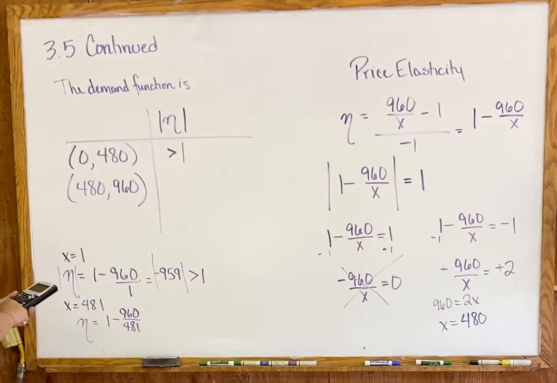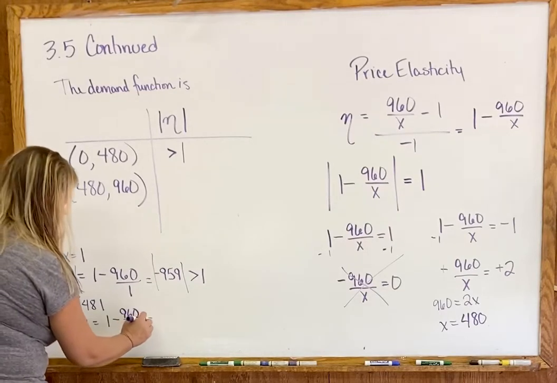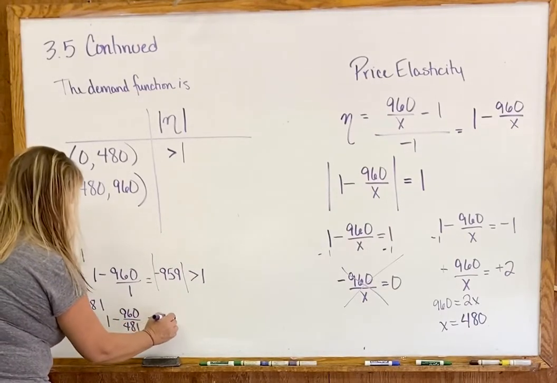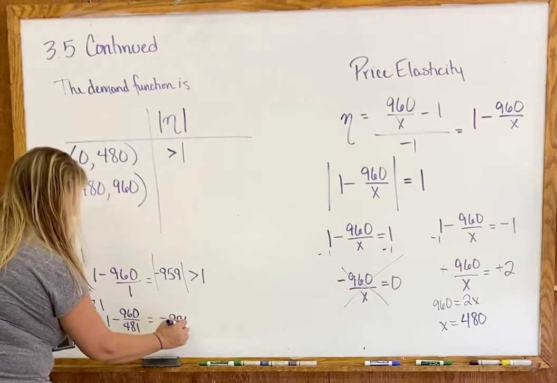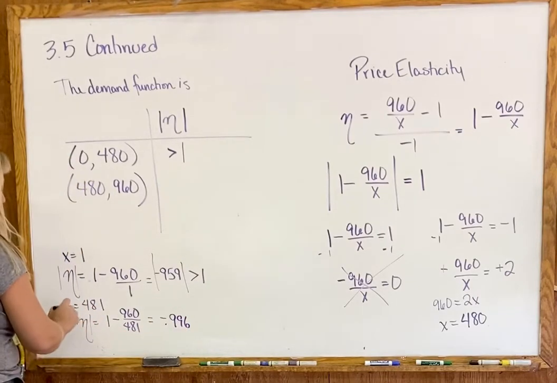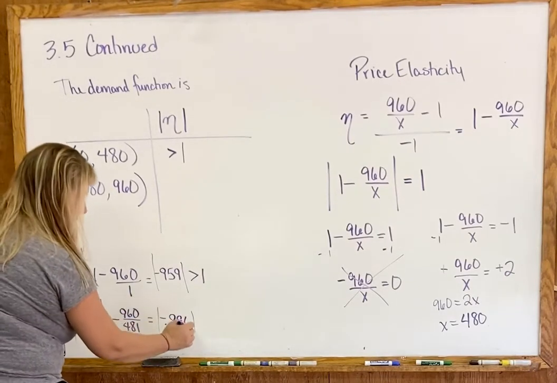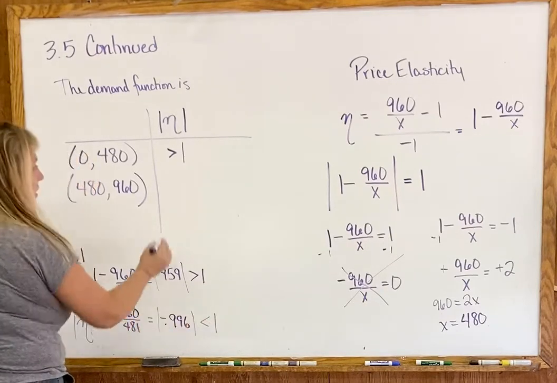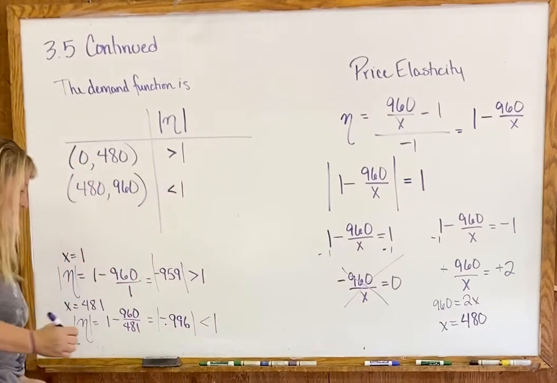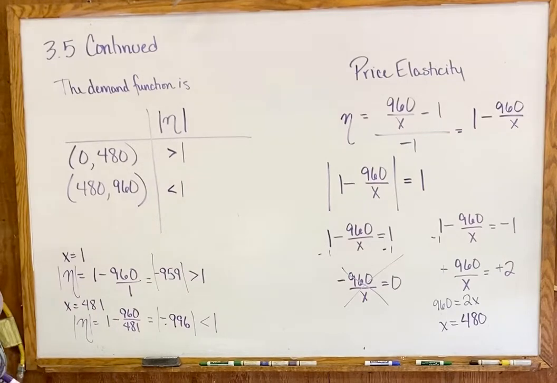One minus 960 divided by 481. And that gives us negative 0.996. Again, absolute value, and this guy is going to be less than 1. So this here is less than 1.